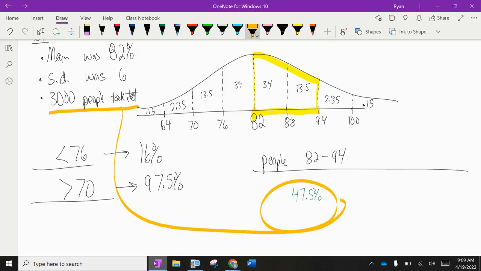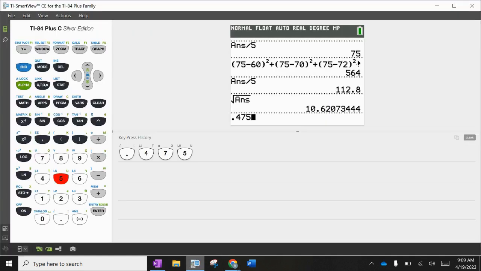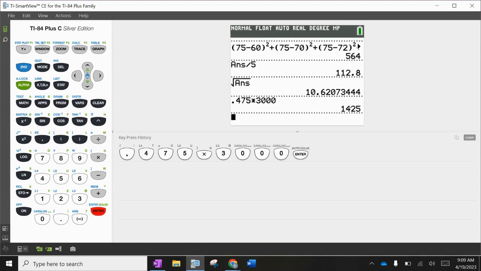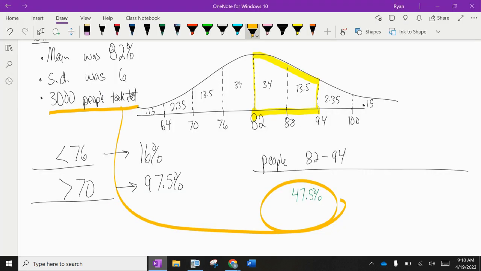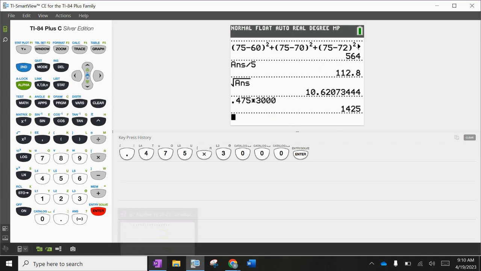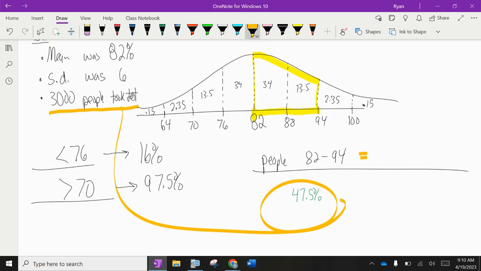So 0.475 times 3,000, and I'm getting 1,425 people. I can answer this question more specifically, not just a general percentage, but how many people there were.